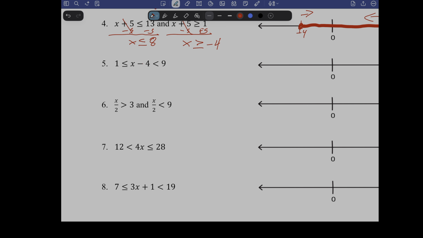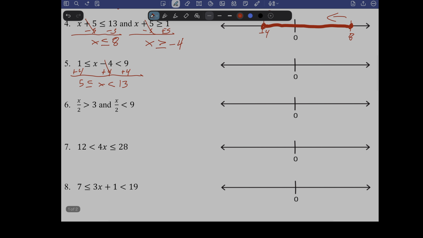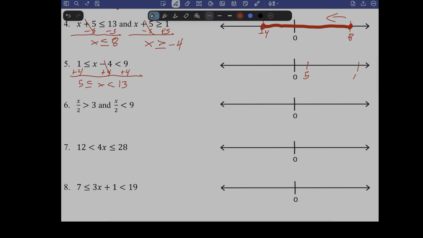-4. Now remember, when they show the x in the middle, you have to treat it like it's 3 different sides. So I'm going to add 4 to all 3 of the sides. And I'm going to get 5 is less than or equal to x, which is less than 13. So now I have 5 and a 13. So I'm going to put my 5 right here, okay? And I'm going to put my 13 right here.